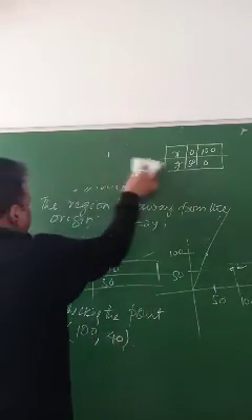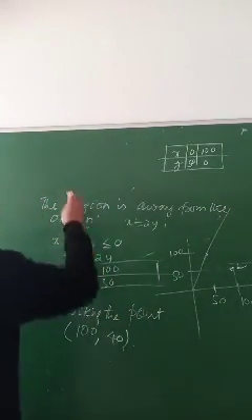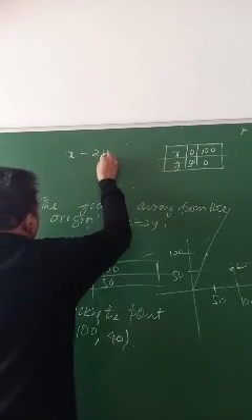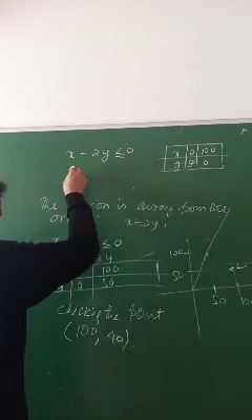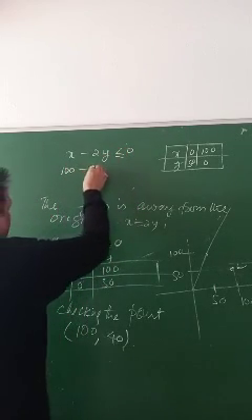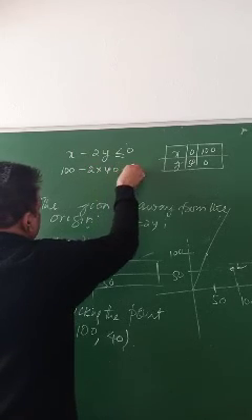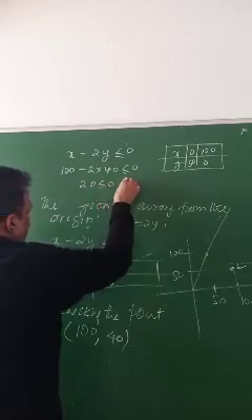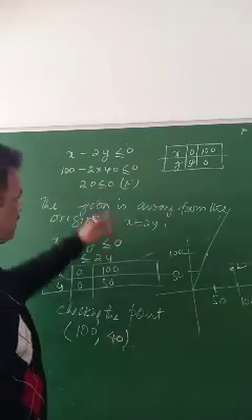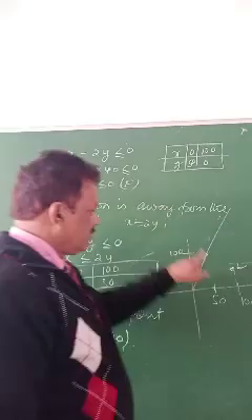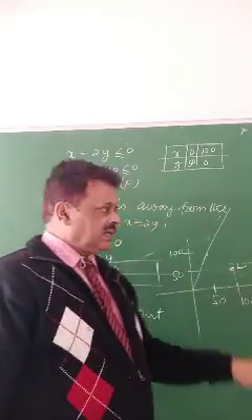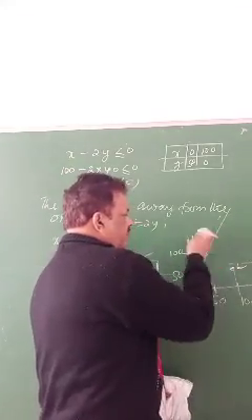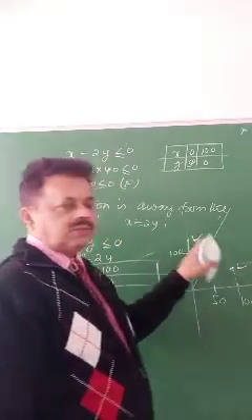So put here, that is x minus 2y less than 0. X is 100 minus 2 into 40 less than 0. 80. 20 less than 0 is false. If this becomes true, then this is the region. It became false for this point, so we will go to the other side, away from the origin. So this region you have to consider.